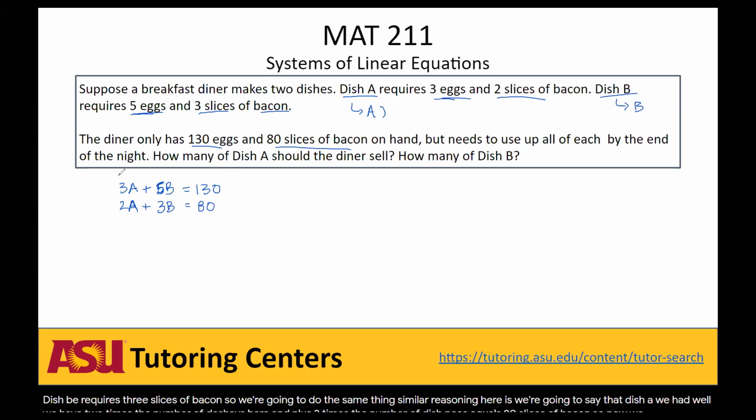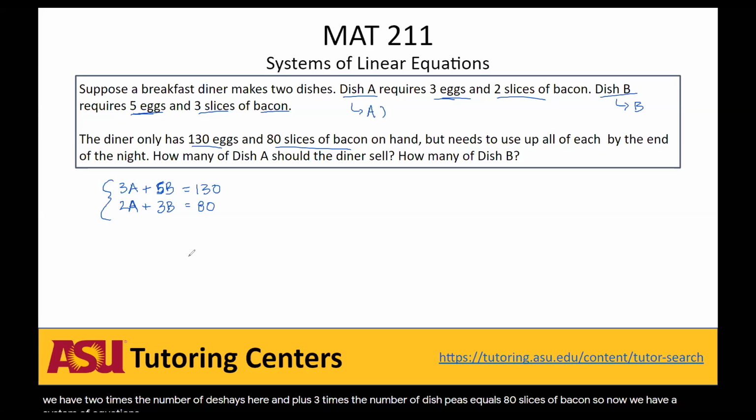So now we have a system of equations, and we can solve this with any method, using substitution or elimination. I think we're going to go ahead and use substitution here. So let's solve for A in our first equation.